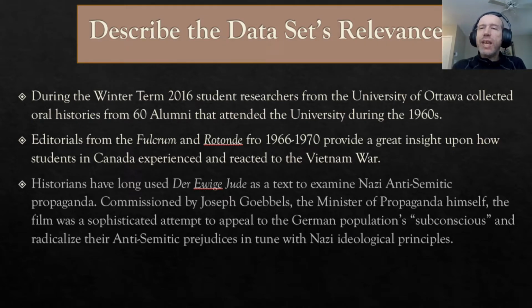So this is explaining this film, and I'm going to be looking particularly at how the film was appealing to subconscious prejudices, though maybe people have looked at this film in all kinds of different ways. I'm going to be looking particularly at that because I'm interested in how they used these subconscious impulses to promote anti-Semitism.